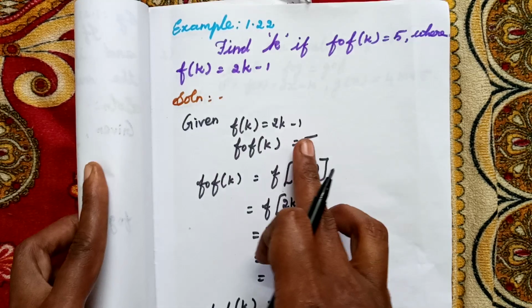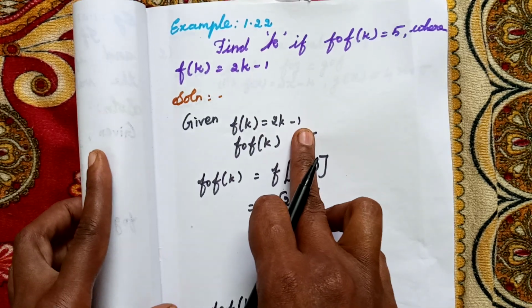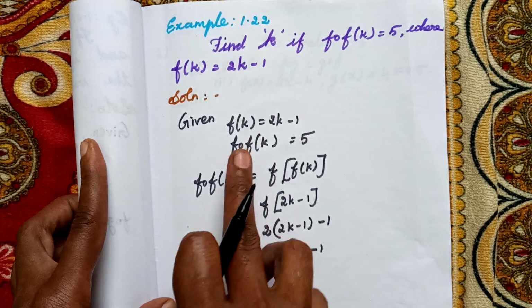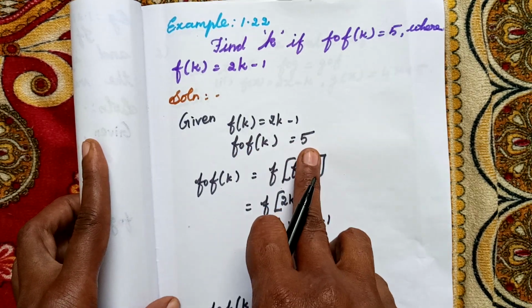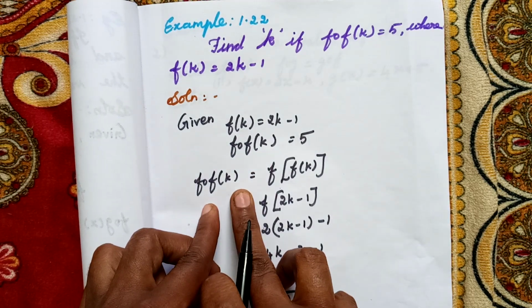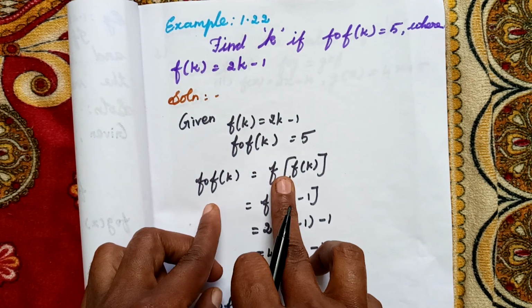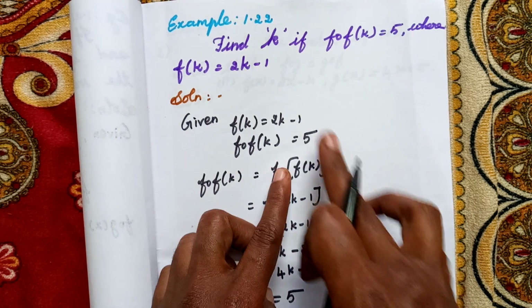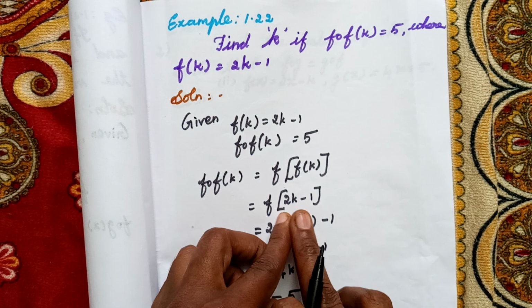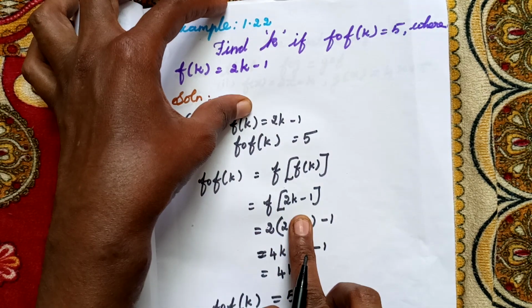Once again, here f of k is given. Then one more thing is given: f composite f of k is equal to 5. First we find f composite f of k, which is f of f of k. In place of f of k, substitute 2k minus 1.